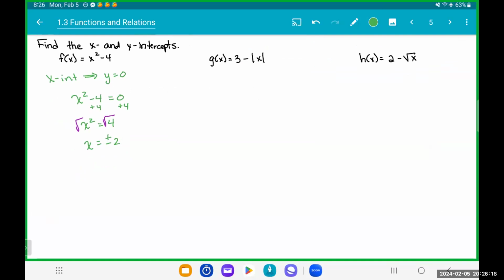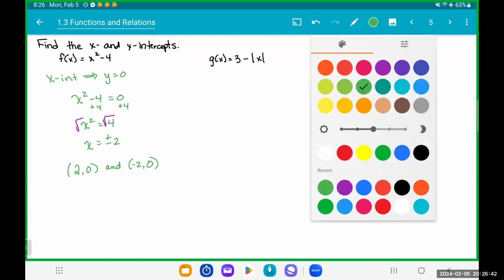Okay? Therefore, we have two places that this function crosses the x-axis. You have it where you have positive 2, y is 0, and at negative 2, y is 0. So if you're looking at this on a graph, this is negative 4.